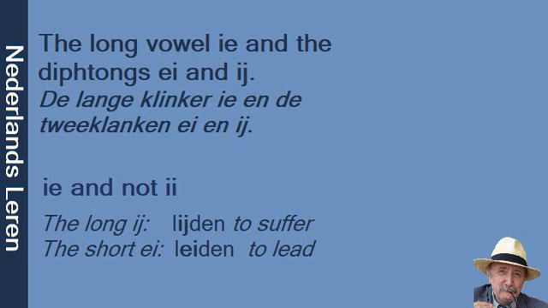For example, we have a verb lijden with a long IJ. That means to suffer. And we have a verb leiden with a short EI. That means to lead. So there can be quite a large difference whether you write a verb with an EI or an IJ. So beware of that.